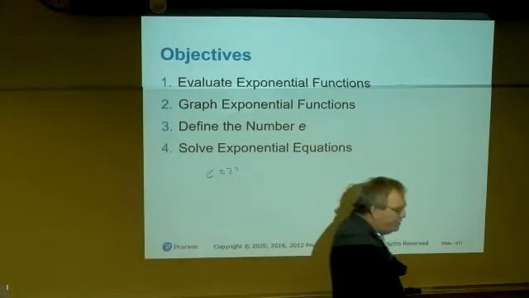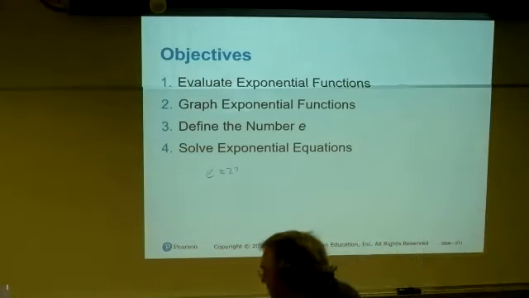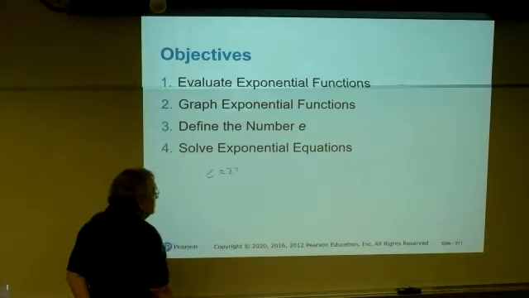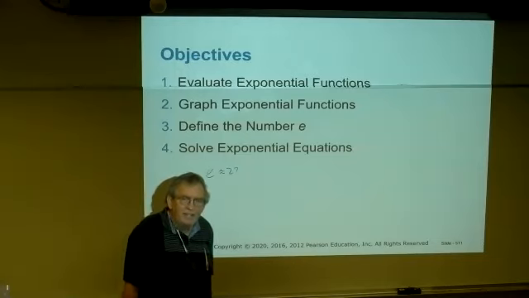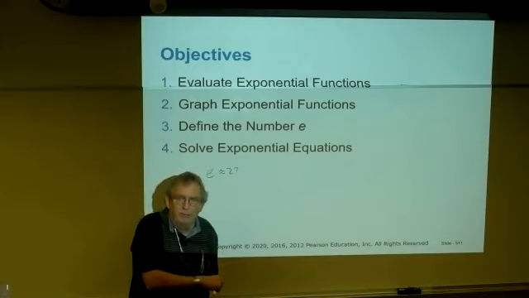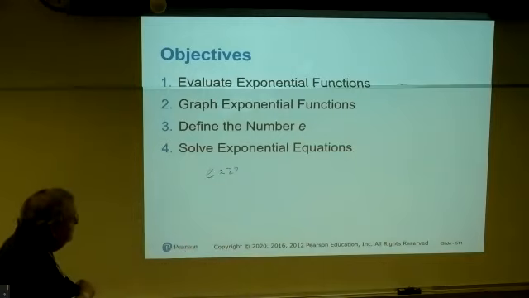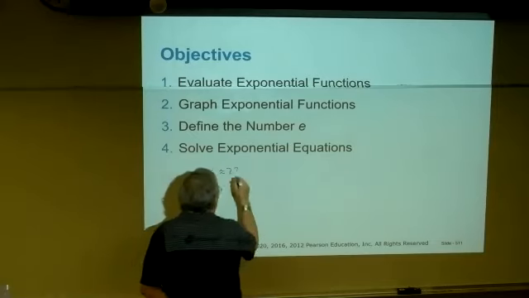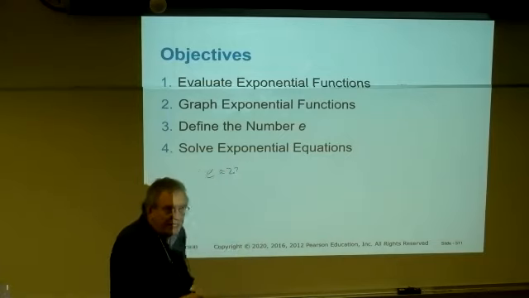A French mathematician back in the 1800s, or it could have been the 1700s, I think it was 1800s, did a lot of work with sets and with pathways. If you're a computer programmer, a lot of the work he did with pathways you use in computer programming. So he was very influential and very smart, and he discovered this number. It's an irrational number.